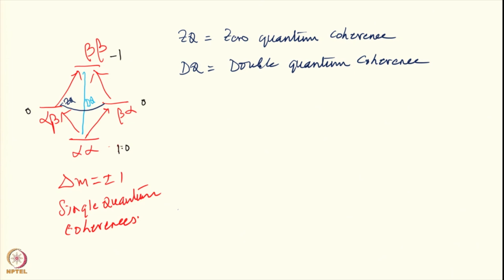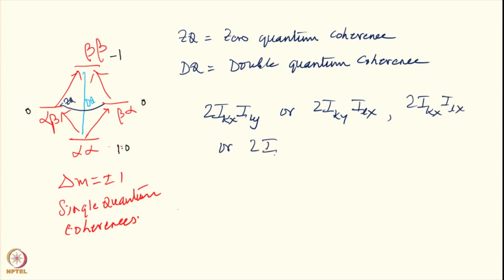You can have things such as 2IkxIly or 2IkyIlx or 2IkxIlx or 2IkyIly.